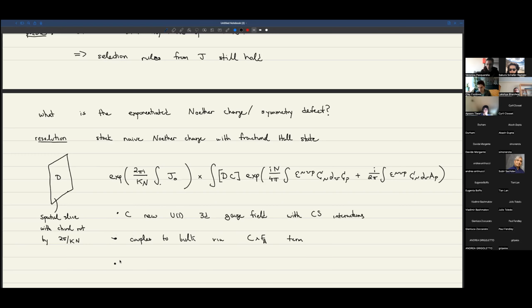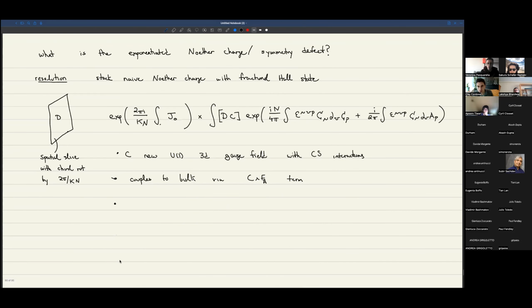Why did I introduce this? Well, the main thing that you need to know is that this is conserved in time, exactly, on any manifold with any operator insertions. So this is, if you like, a topological operator. So it's a modern definition of a symmetry.